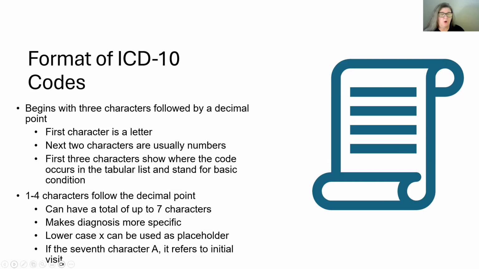The first character is always a letter in ICD-10. It has not always been that way. For some of you who've been around for a while, I feel like ICD-10 was first implemented in 2015. I know it was October. I want to say it's 2015.